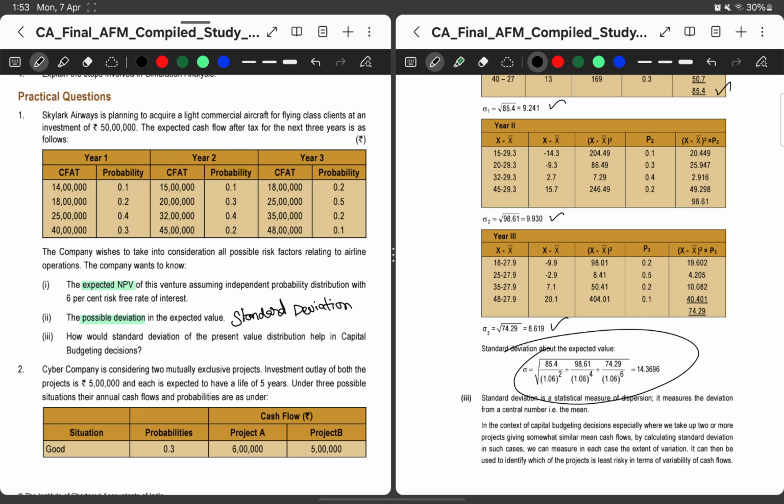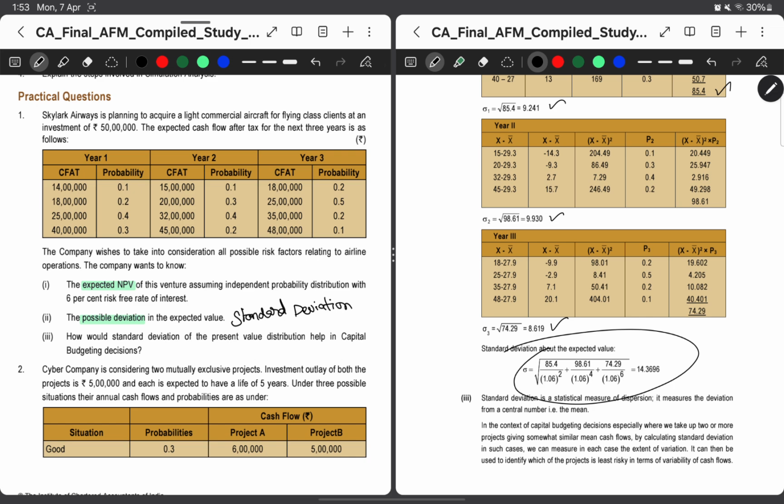The same way it applies here also. When it comes to standard deviation, the time is rooted. So while discounting, we should not directly discount with the normal rates. We have to square it up and then discount. Then only we'll get the actual standard deviation.